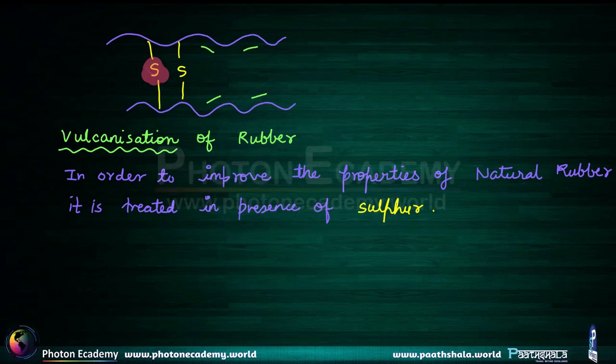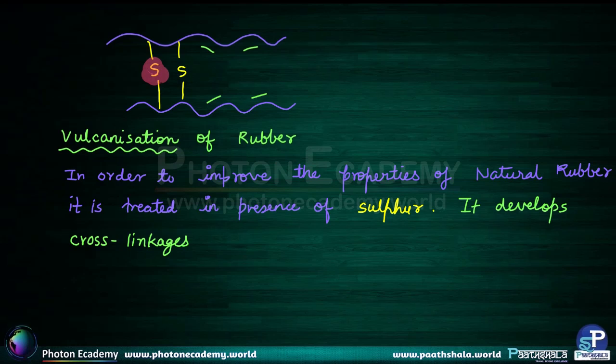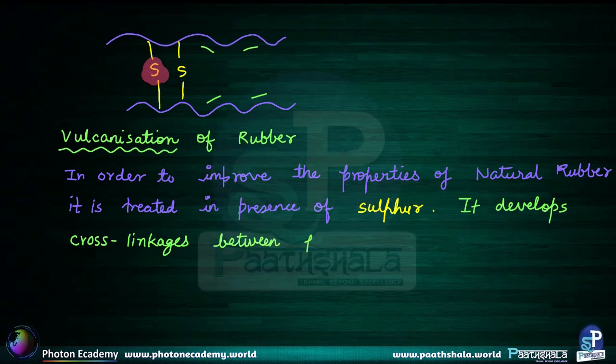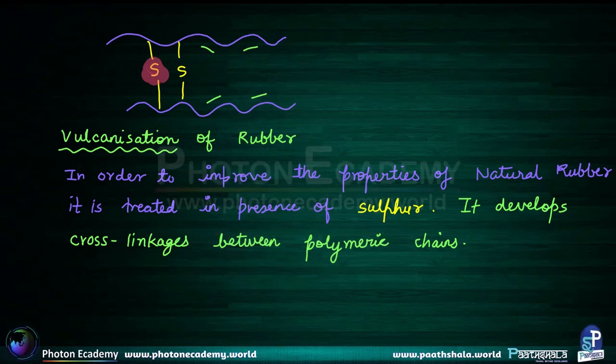What happens is it develops cross linkages between the polymeric chains. This sulfur does this between the polymeric chains. So this leads to our natural rubber showing better properties than it was originally showing, and therefore it is to our liking. So this particular process is the vulcanization of natural rubber.